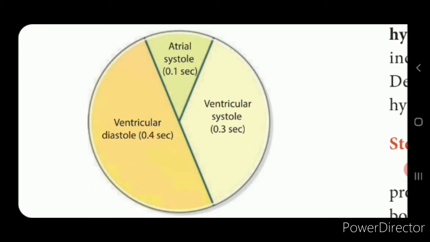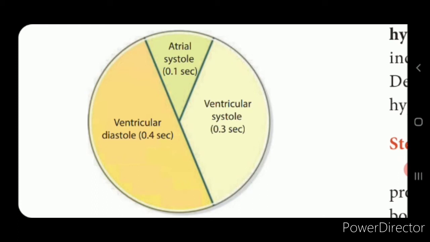Here you have three events: atrial systole, ventricular diastole and ventricular systole. Now what is atrial systole? Atrial systole is nothing but the contraction of the auricles, and that takes place for about 0.1 seconds. The next is the ventricular systole, the contraction of the ventricle, which lasts for about 0.3 seconds.